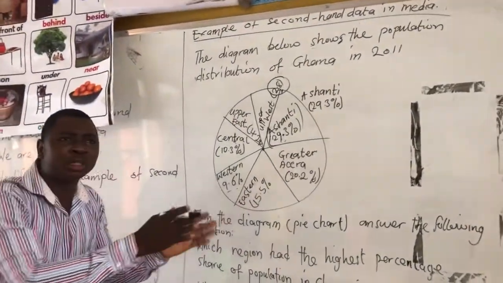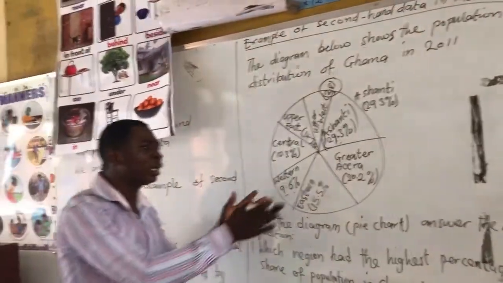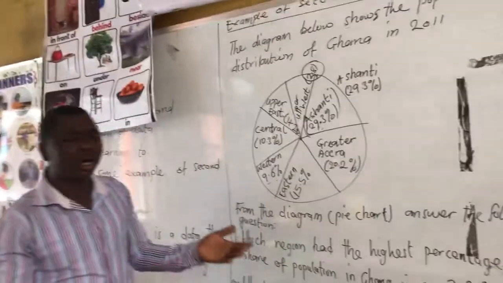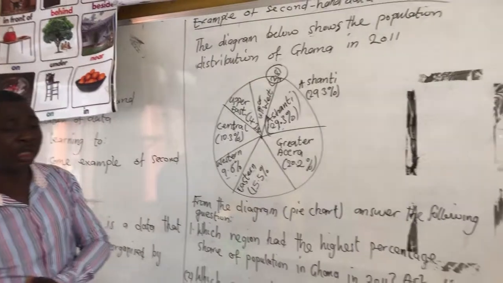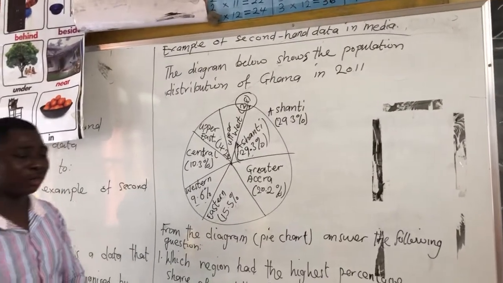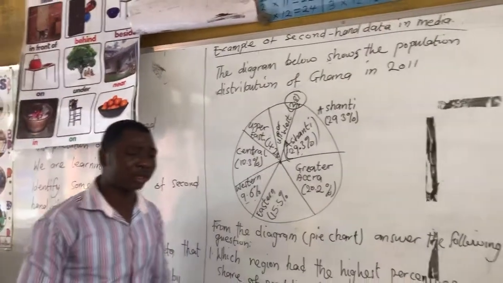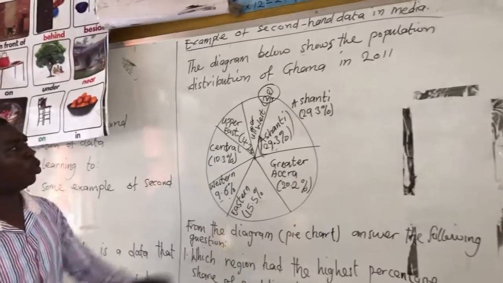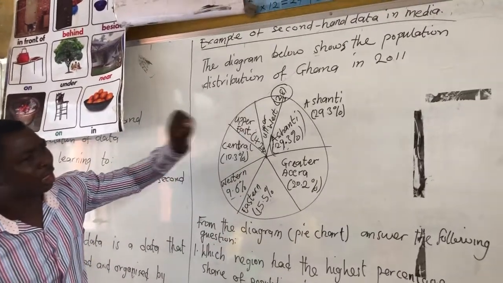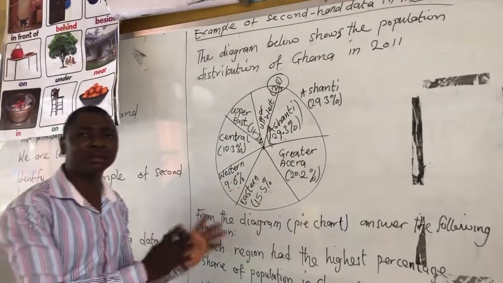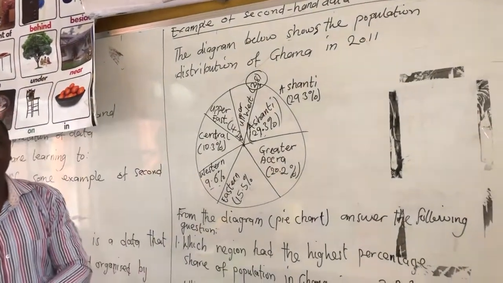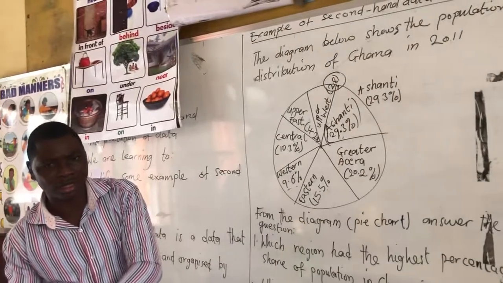You can also get information from a magazine. You can also get similar information from maybe any daily graphic or any other graphic. So when you get information like that from somewhere which is not collected by you, then that data is second-hand data.